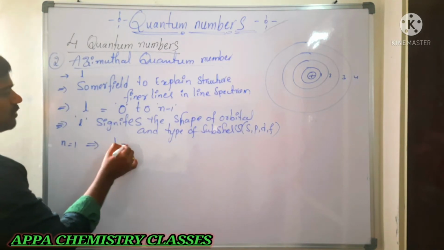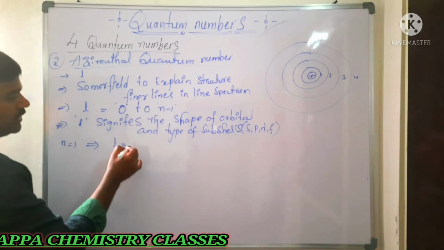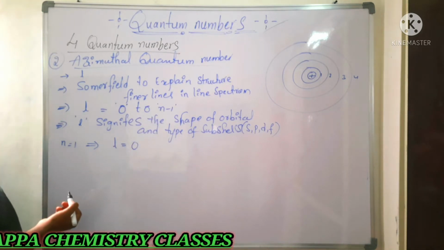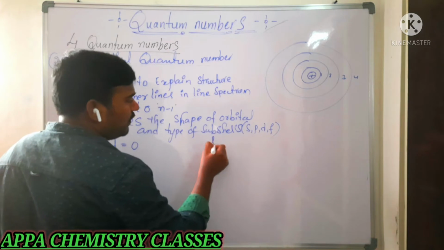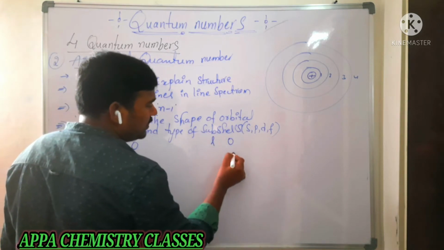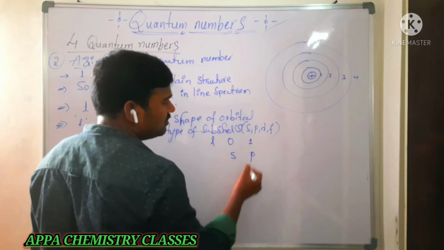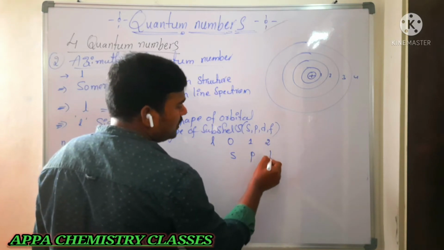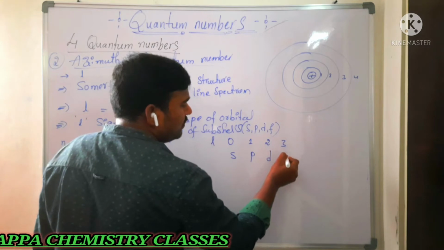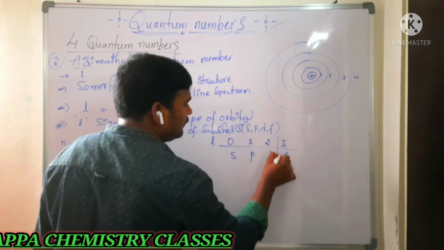What are the l values possible? 0 to 1 minus 1, that is 0. l is equal to 0 only. If l is equal to 0, it is called the s subcell. If l is equal to 1, it is the p subcell. If l is equal to 2, it is the d subcell. If l is equal to 3, it is the f subcell.